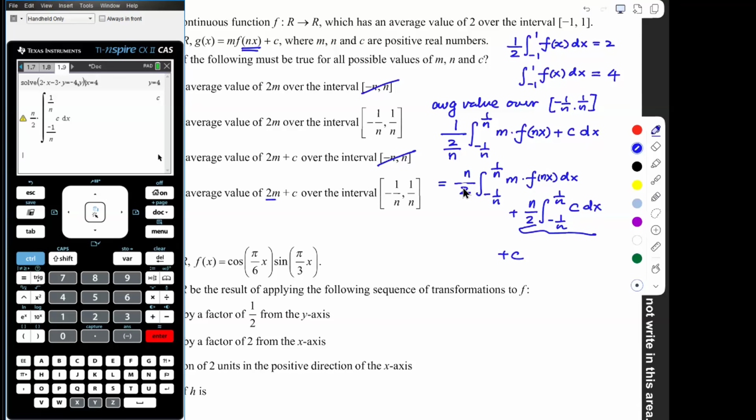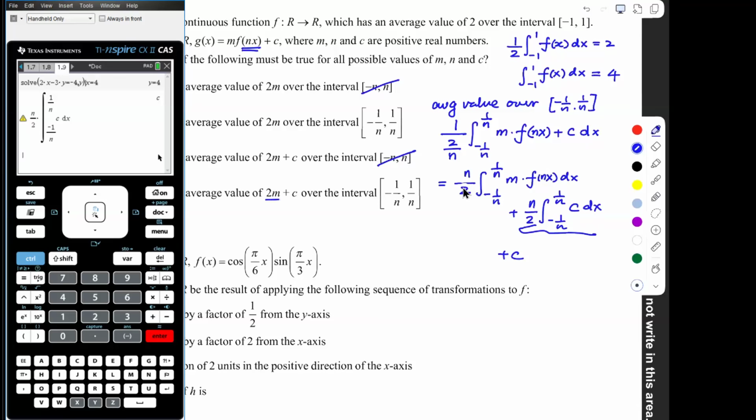But how do we prove this first bit is 2m? Well, for the first bit over there, we can make a substitution. I have to use a bit of skills from Specialist Maths. u equals nx, du/dx equals n. Therefore, dx is 1/n du.